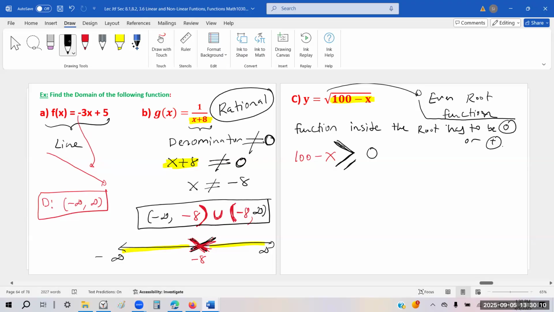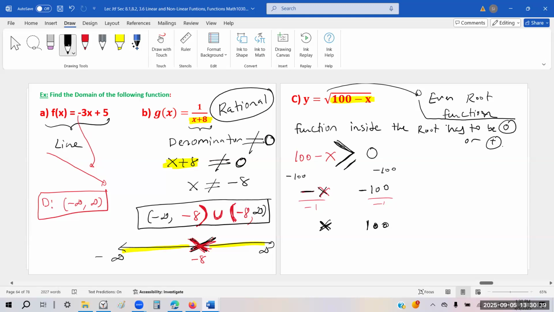How do you solve for x? We can subtract 100, no problem. So we are left with negative x and negative 100. And then you can divide by negative 1. So you get x and 100.